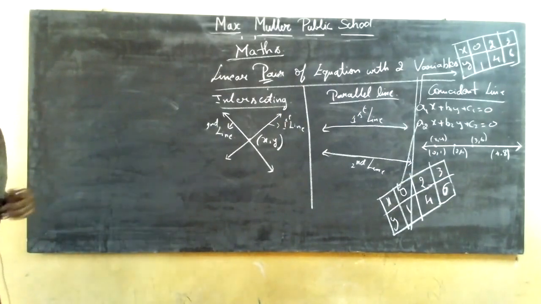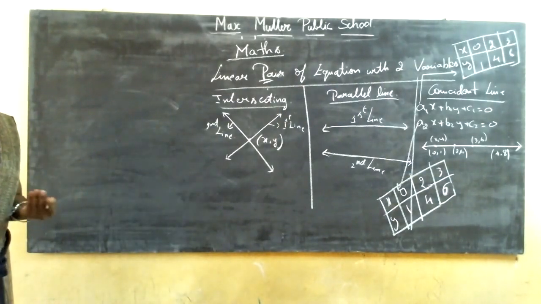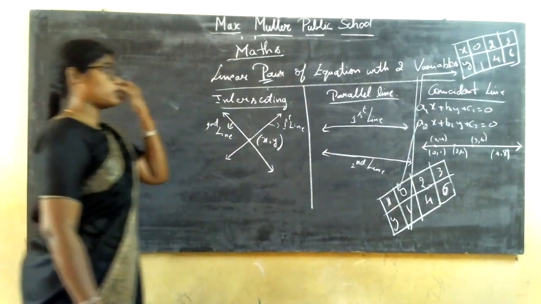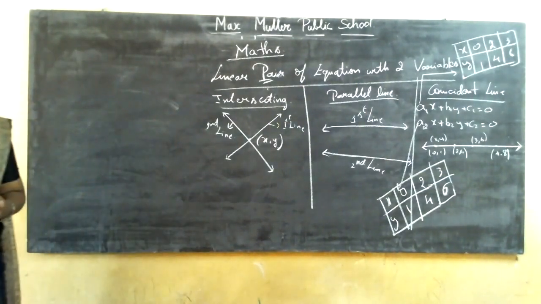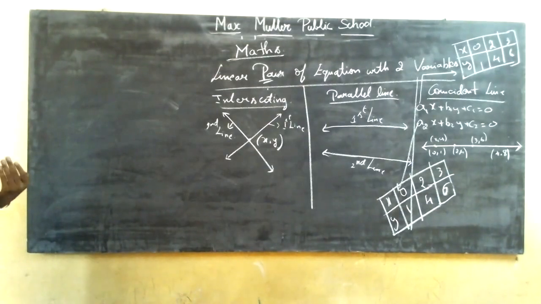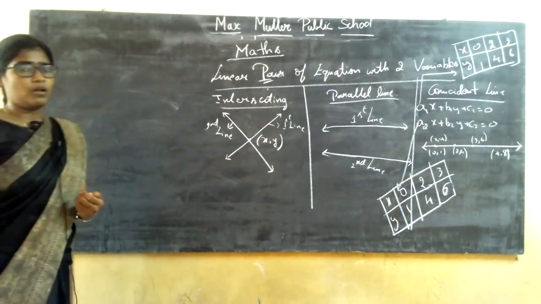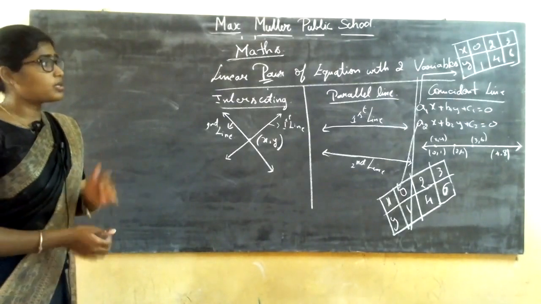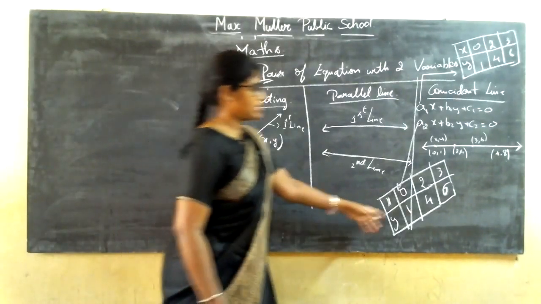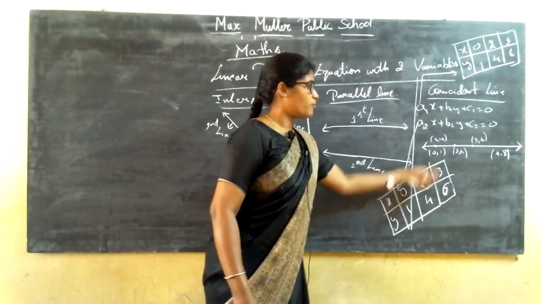You can expect a question on intersecting lines like this: how many intersecting or coincident lines do you have when you have 3 points? Take this as an example: 0, 1, 2, 4 or 3, 6.